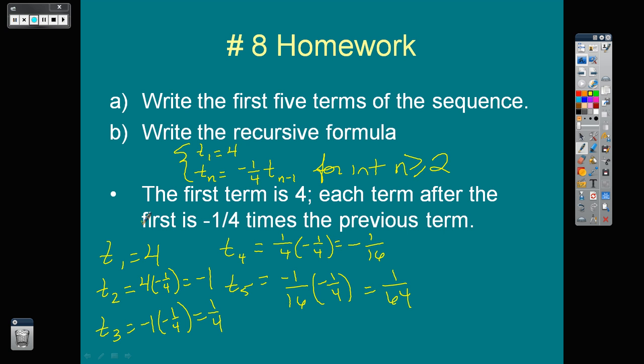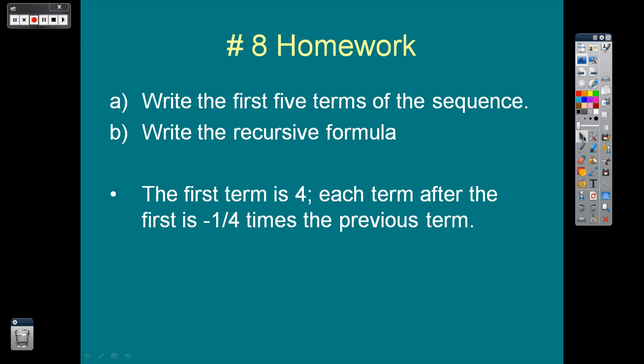I can't find the 99th term without knowing the 98th term. You have no choice but to list them all out. And you guys could have done that without writing this rule. So these are not good for finding those terms that are late in the game. Okay, but they are fun to write. You might not think they're as fun to write as I do, but that's okay.